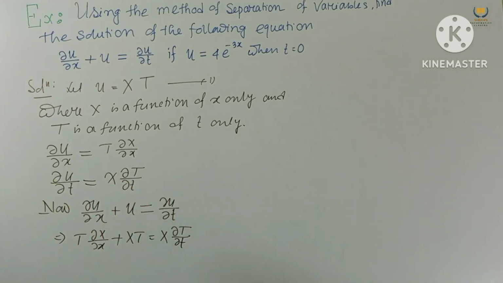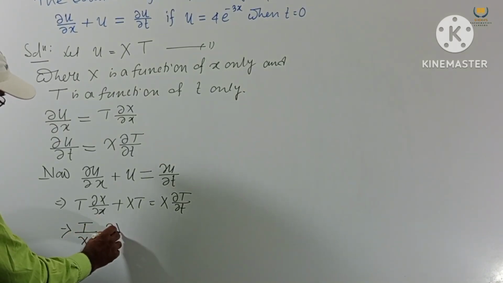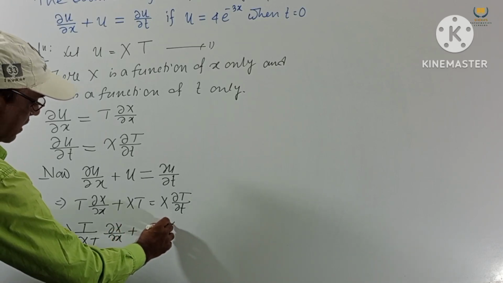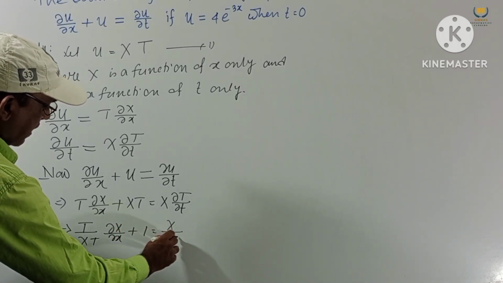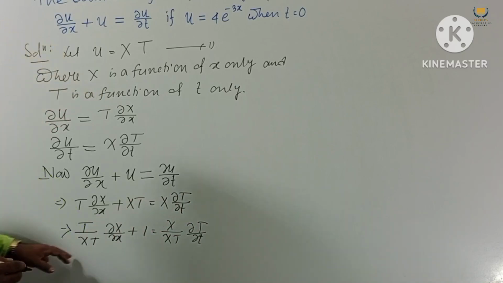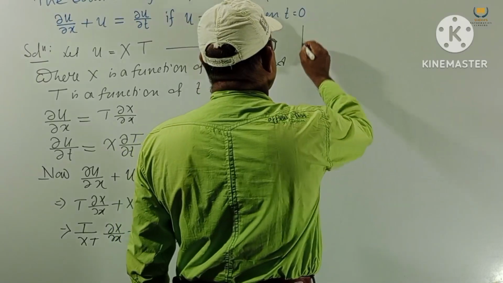We get this. Now our main step is variable separation. We divide both sides by XT. If we divide by XT, then T by XT ∂X, this is 1, X by XT ∂T.